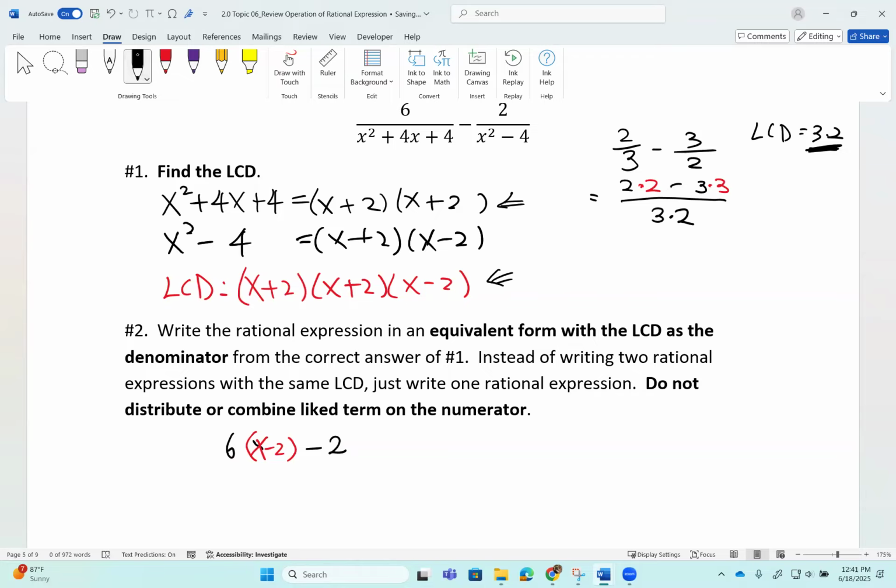The numerator is 2. If you look at the LCD versus your second denominator, the second denominator is missing an extra x plus 2. So I take that extra x plus 2 times my numerator, which is a negative 2. Whole thing over the LCD, x plus 2, x minus 2.